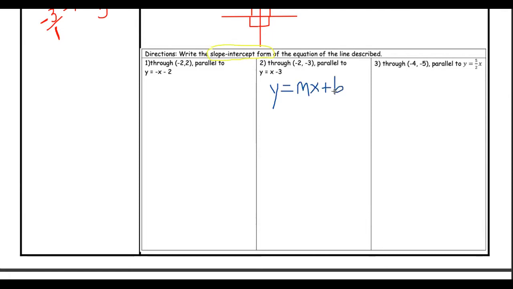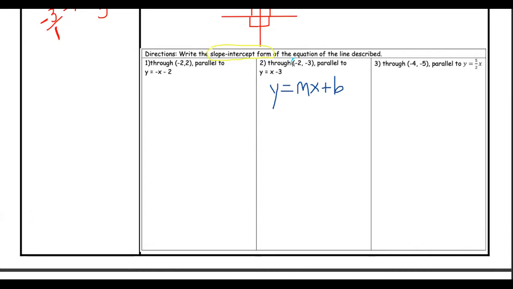Now what's important? Okay, in question 2, it says the line must go through -2, -3, has to go through that point, also needs to be parallel to this line. Okay, so some very important pieces of information provided. Let's pick those things out.